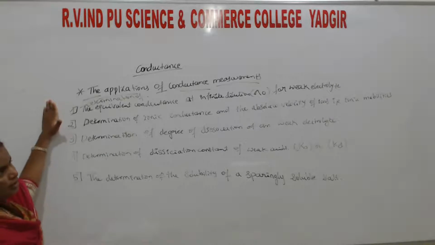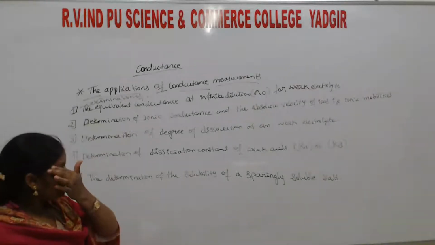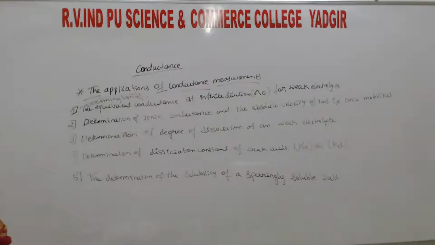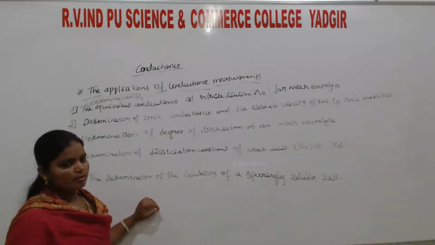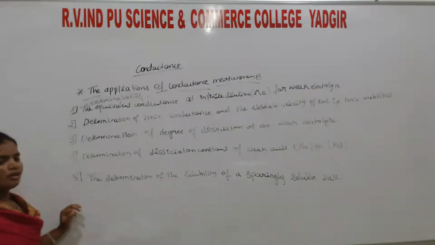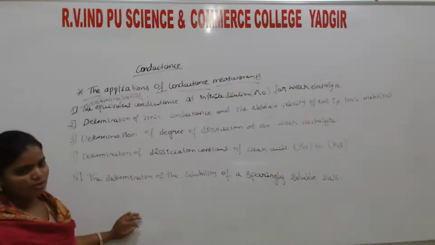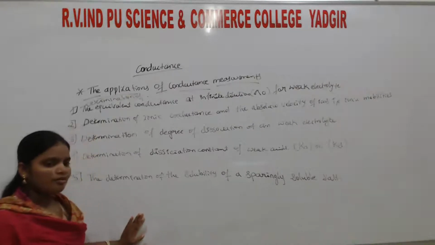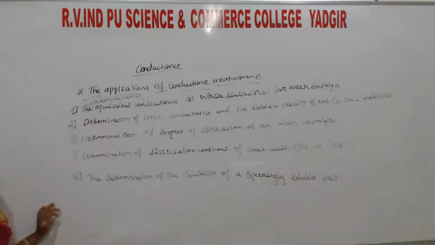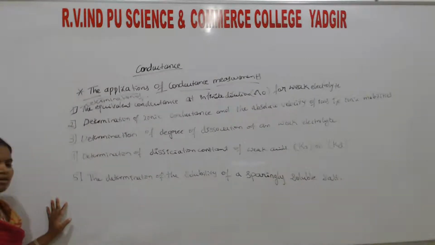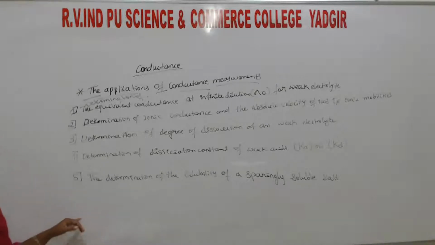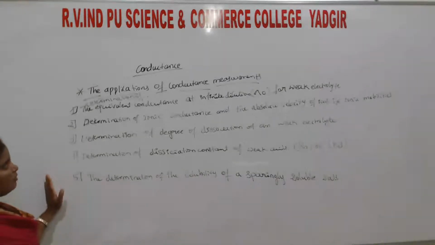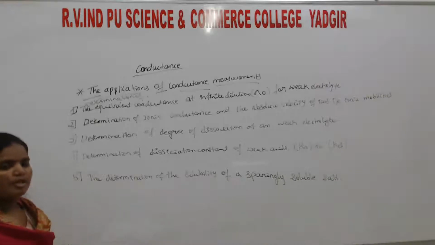Sodium hydroxide is a strong base, and the strong acid is HCl. You take strong versus strong, weak versus weak, strong versus weak, and weak versus strong. These are the types of conductometric measurements.